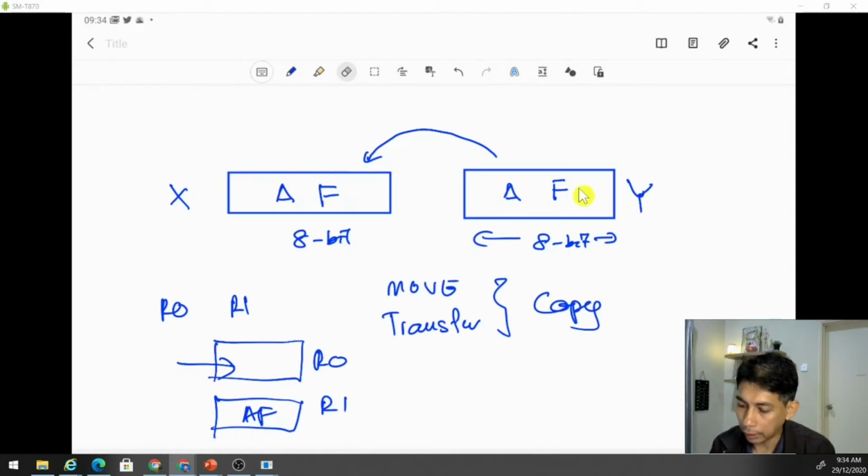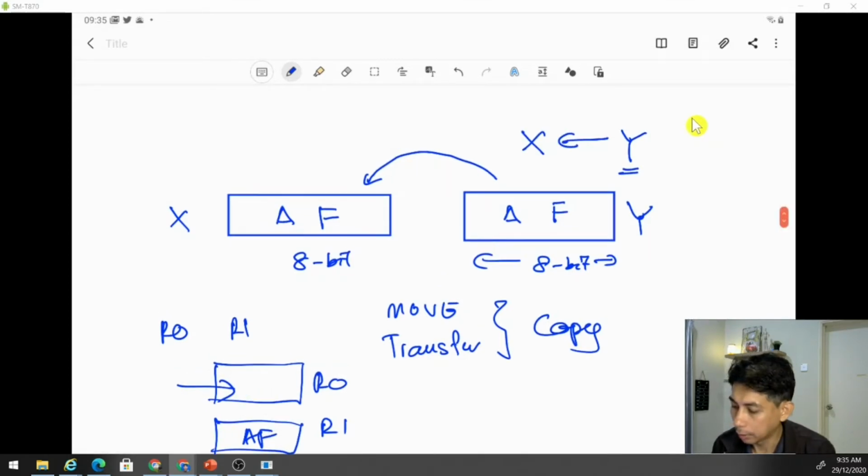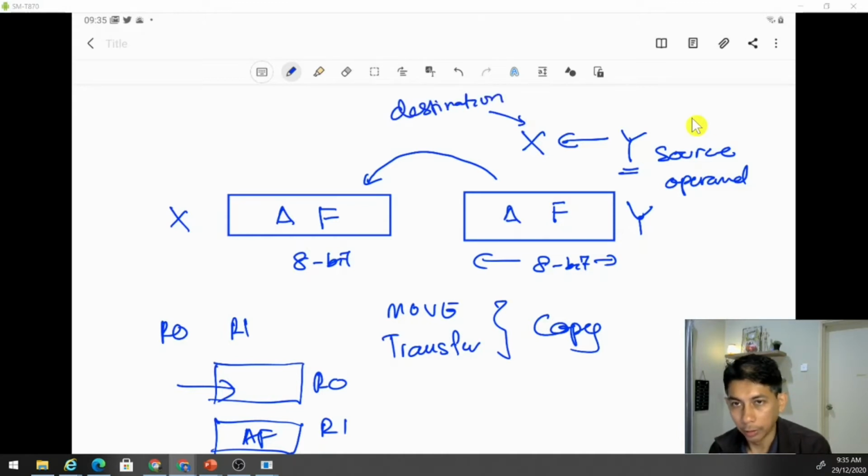And in RTL notation, we will write like this: Y is transferred to X. The content of register Y is transferred to register X. Always, the source operand will be at the right hand side, and the destination operand will always be at the left hand side, in RTL design or even in computers.